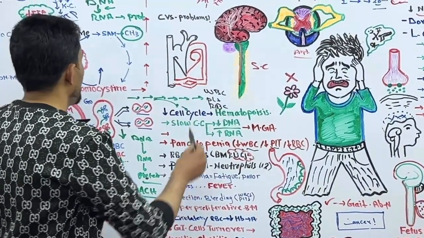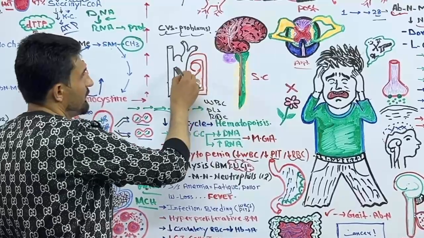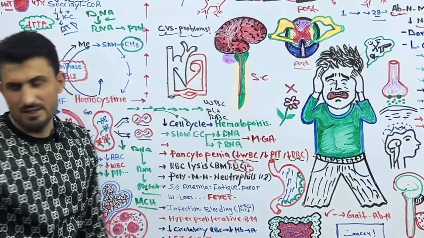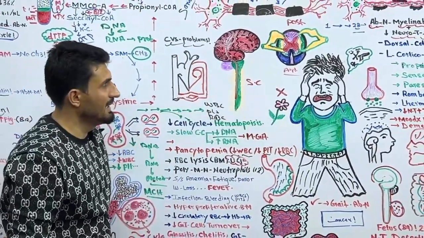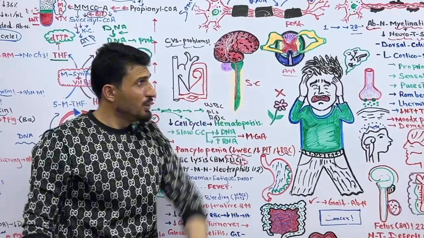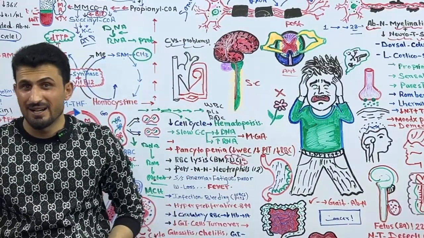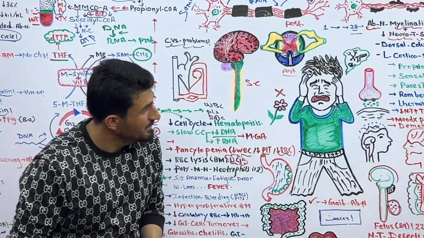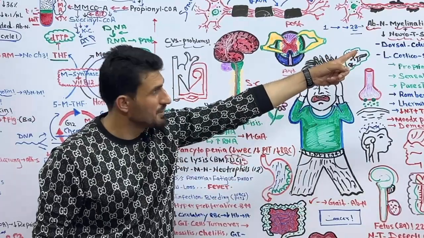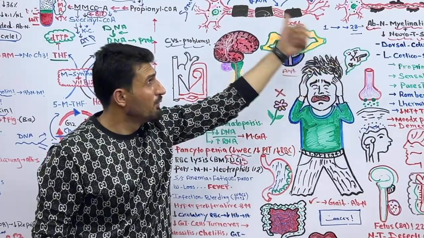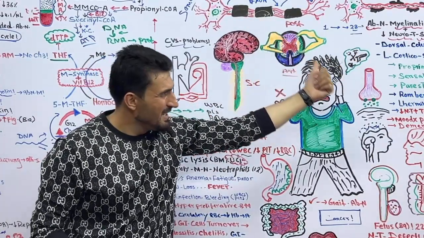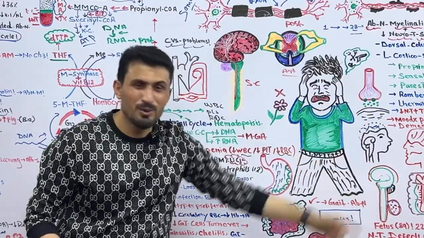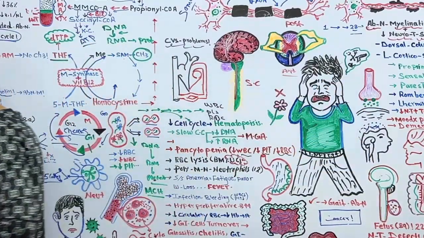Okay, this is also toxic for cardiovascular system that we discussed previously. Got it? Now we will talk about causes. Okay, first we will talk about causes of vitamin B9 and B12 deficiency. Then we will talk about diagnosis, and then we will talk about treatment of vitamin B12 deficiency.